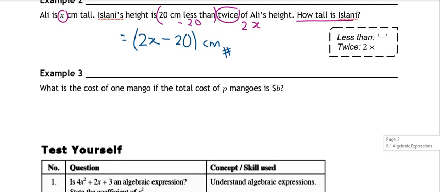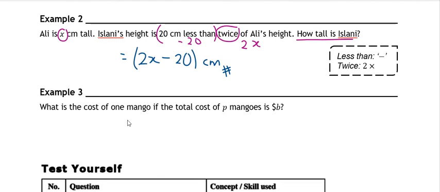And last one, what is the cost of 1 mango if the total cost of P mangoes is $B? So here, we will use the idea of ratio. Let's say I will use a number. So let's say 2 mangoes cost $4. And when you want to find 1, it's obvious that you have to divide 4 by 2, right?